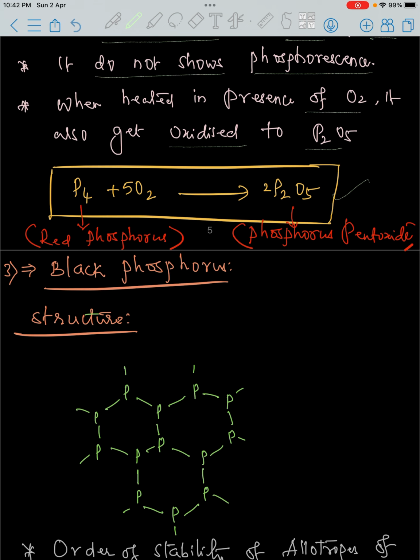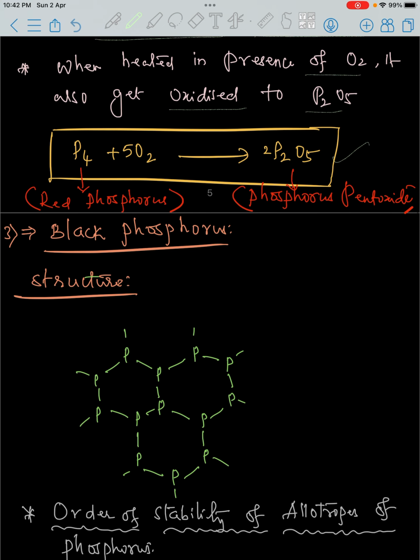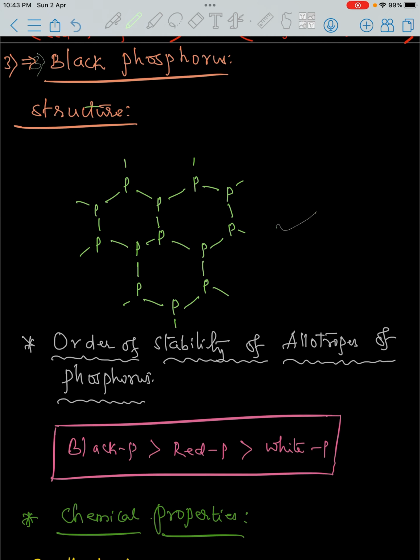Next, the third one is black phosphorus, the last allotrope of phosphorus. This is the structure of black phosphorus. The order of stability of the allotropes of phosphorus: stability is more for black phosphorus, then red phosphorus, then white phosphorus. Stability and reactivity are inversely proportional.